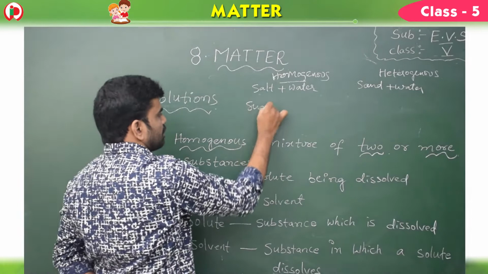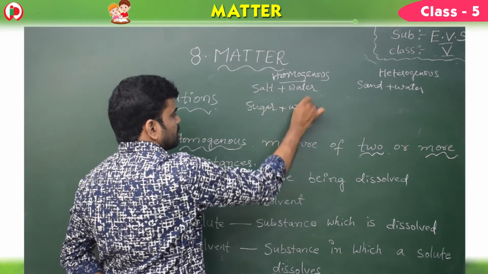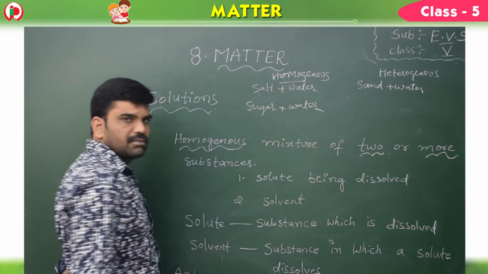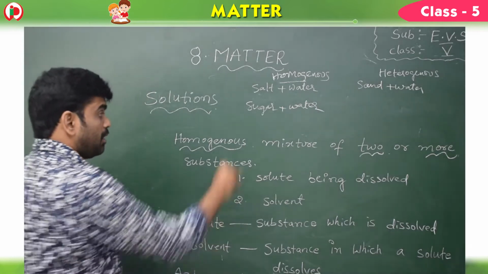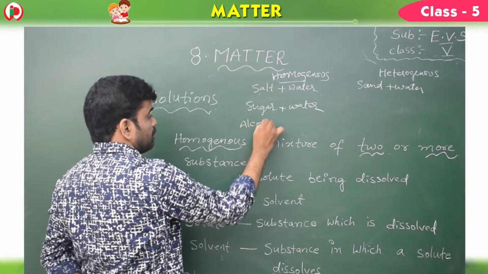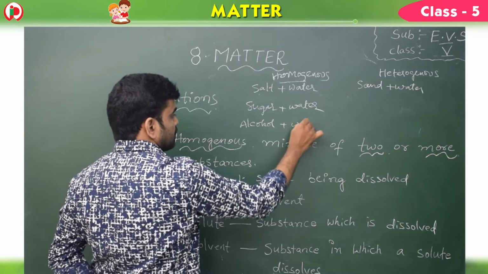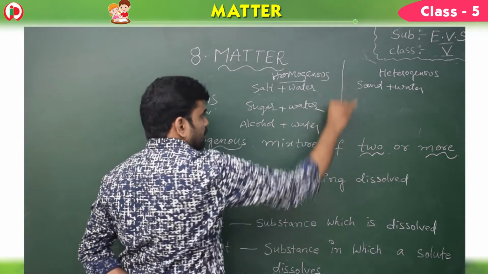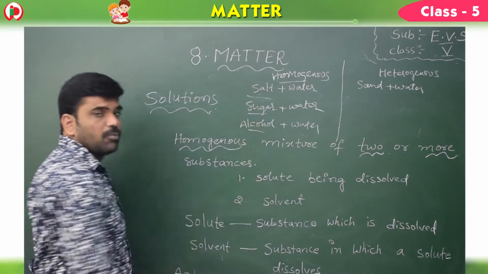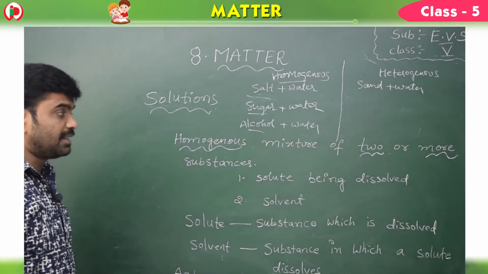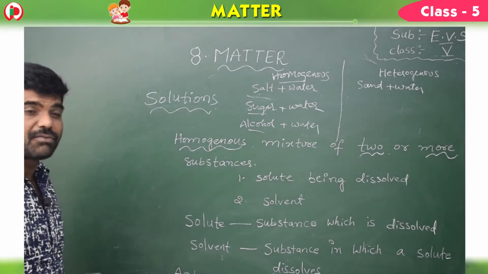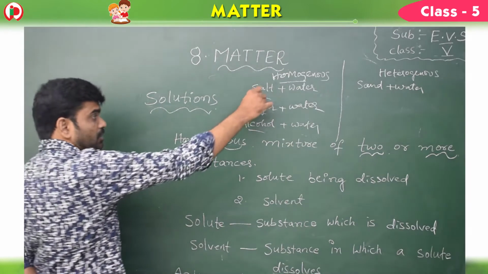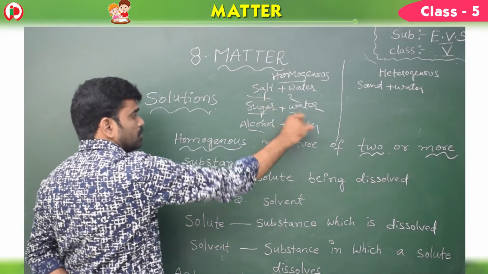Sugar plus water. Yes. Alcohol plus water. So here, these are homogeneous mixtures. In the statement, homogeneous mixture of 2 or more substances, but we find only 2 here.